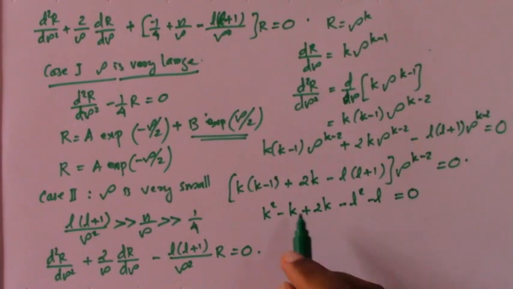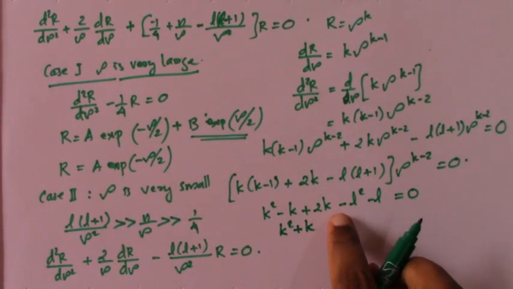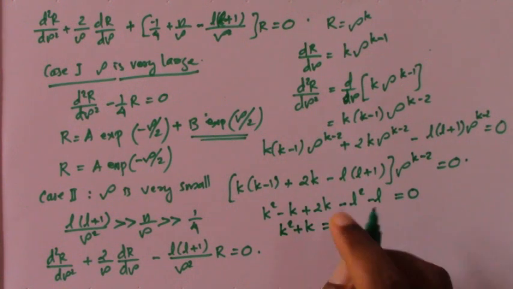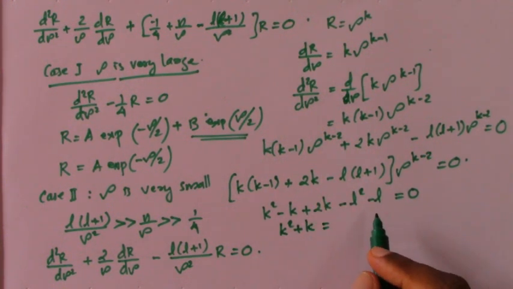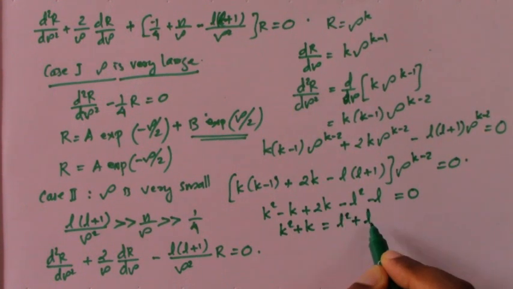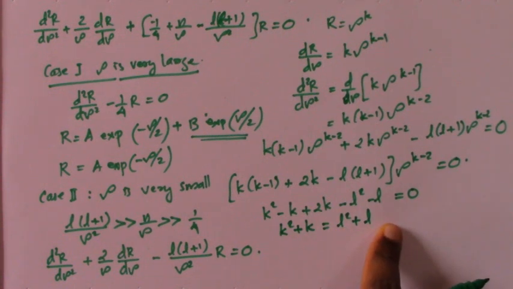It means that k² − k + 2k, that is k² + k, minus L² − L, taken to the other side of the equal sign, becomes L² + L. So k² + k is equal to L² + L, and this equation will be valid in two cases.